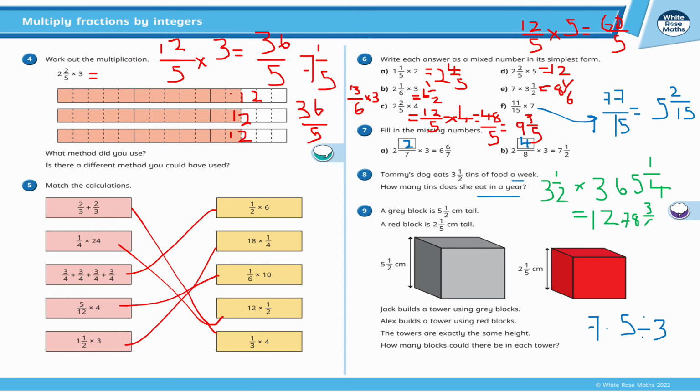So that means how many tins? Well, in total it would be 1,279, because obviously that last part is not eaten, but I'm going to need 1,279 in order to have that full amount, okay, for that one.